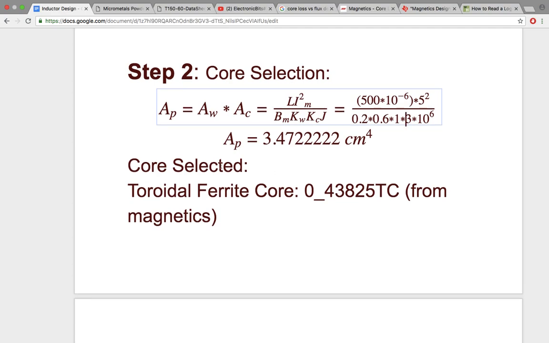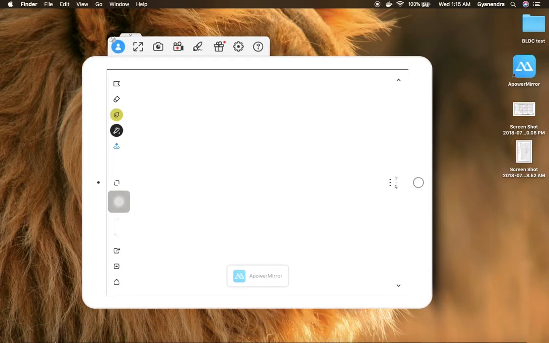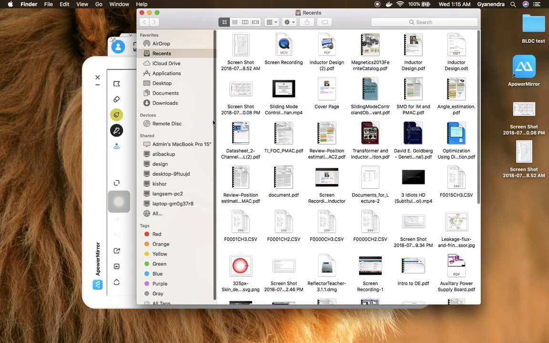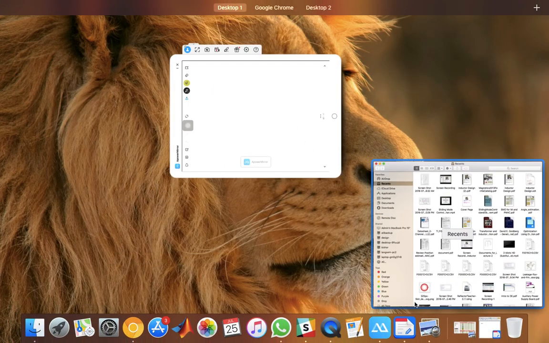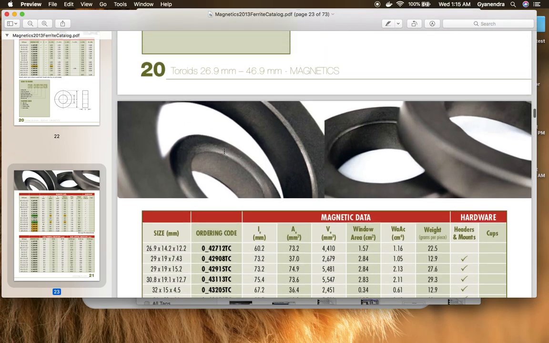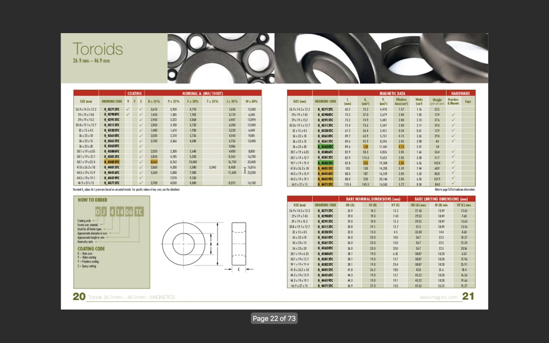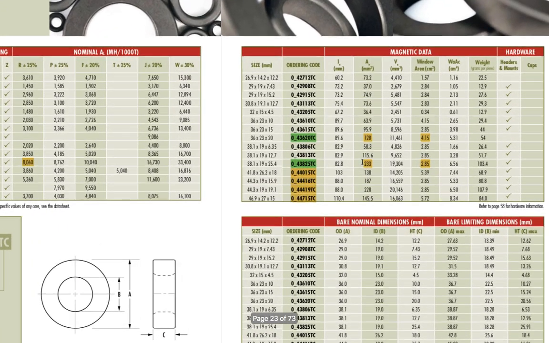Now, how do we select the core? As I told, we need a toroidal core. This is a catalog I have downloaded from the Magnetics website. Let me zoom in here.